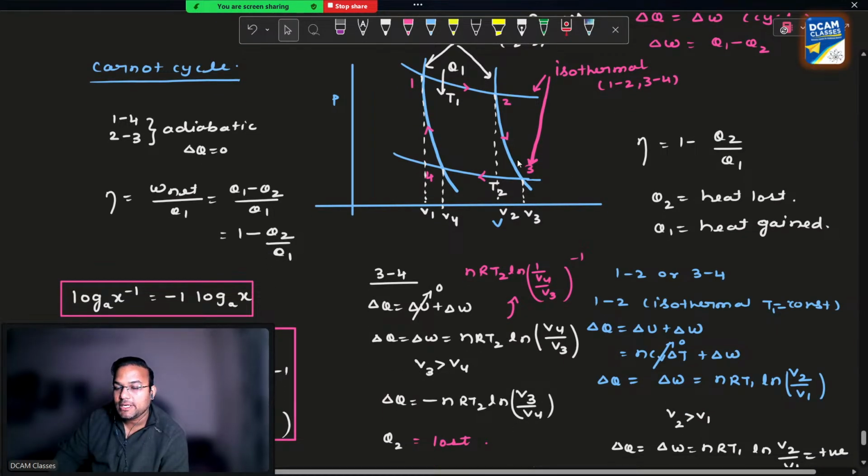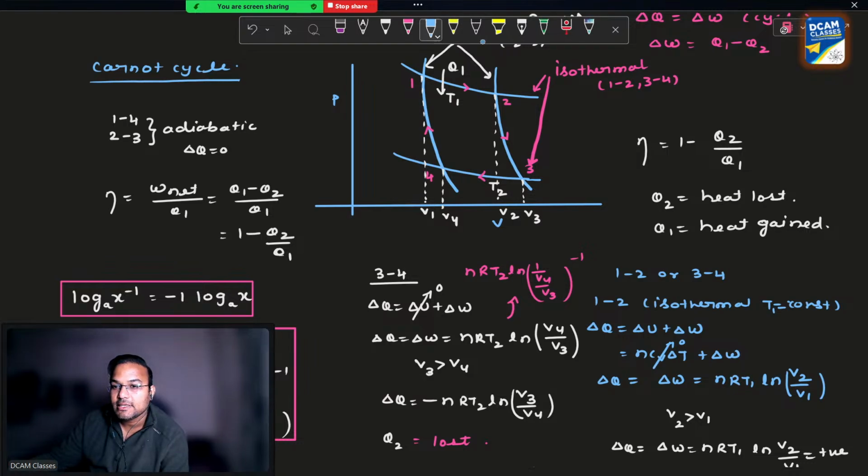So from 2 to 3, at 2 the temperature is T1. So I can write like this. See, T1 V2 power gamma minus 1 is equal to, at 3 temperature is T2, T2 V3 power gamma minus 1.